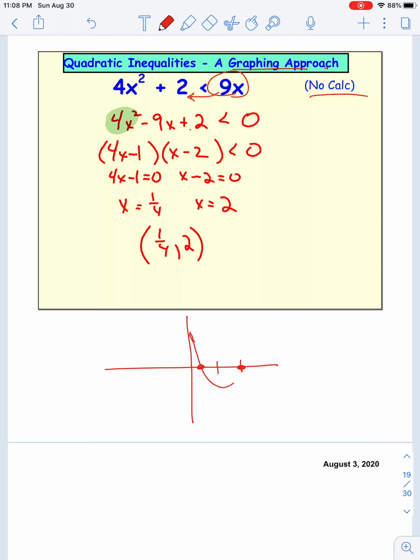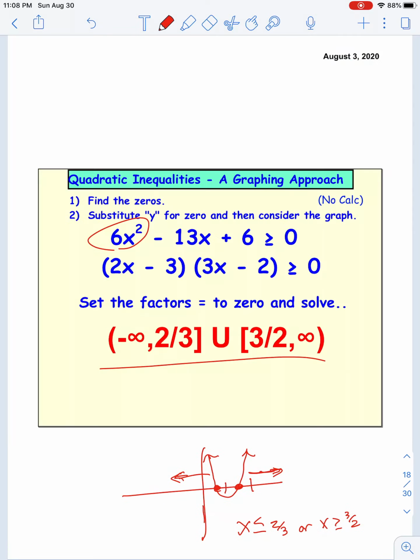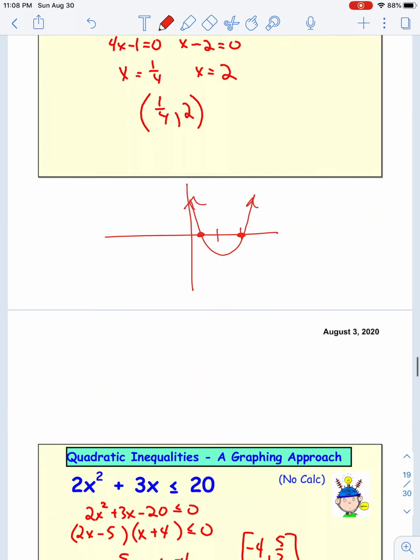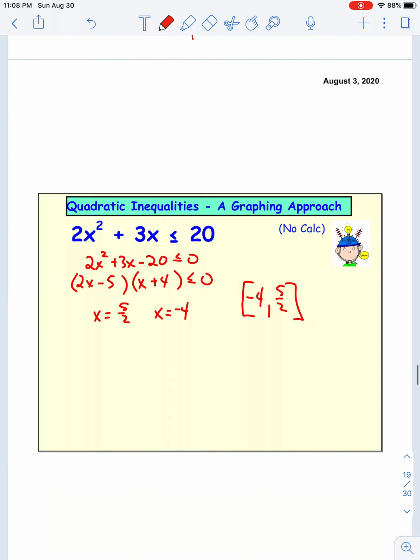So basically, it doesn't matter how good your sketch is. It just has to go like that. You look at it, you answer the question, when's it less than 0? It's less than 0 when x is greater than 1/4 and less than 2. And there it is in interval notation.